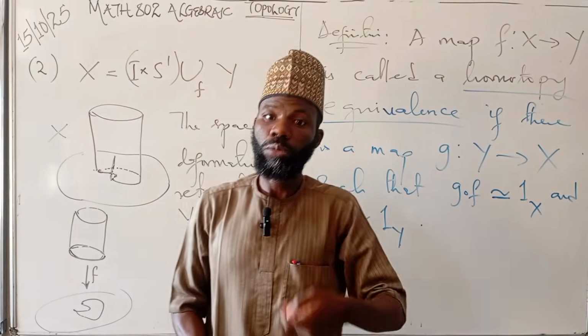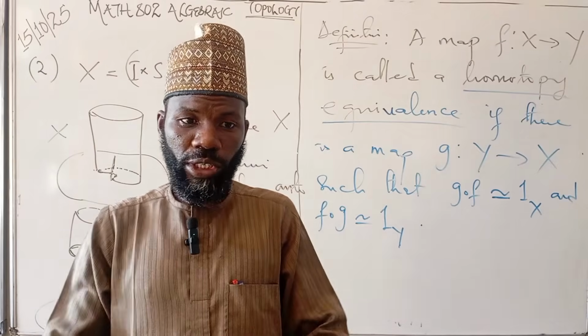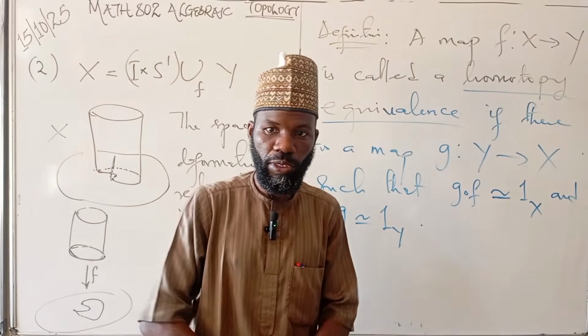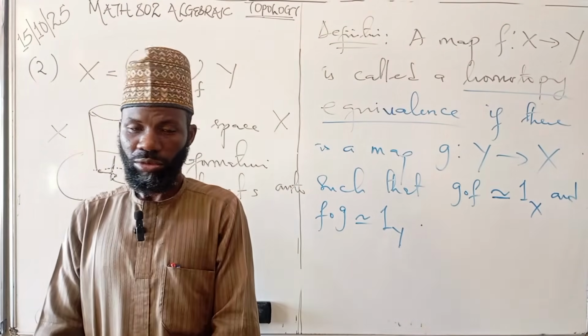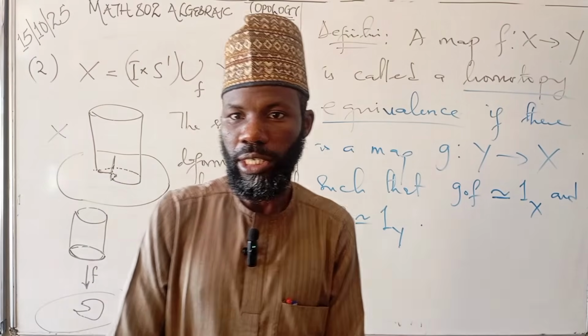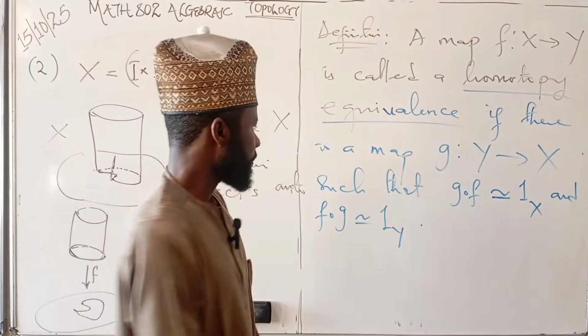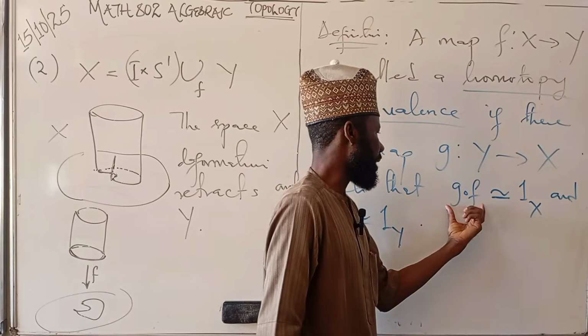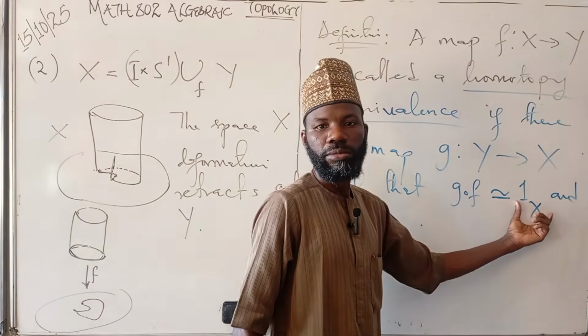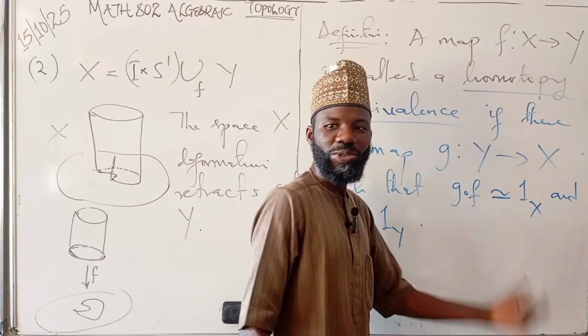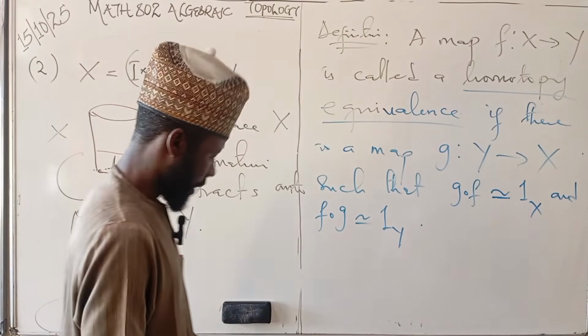And every mapping is homotopic to itself. So the concept of maps being homotopic is an equivalence relation. It will not be a difficult exercise to check. So if I say the composite is homotopic to the identity, then the identity is also homotopic to the composite. Okay.